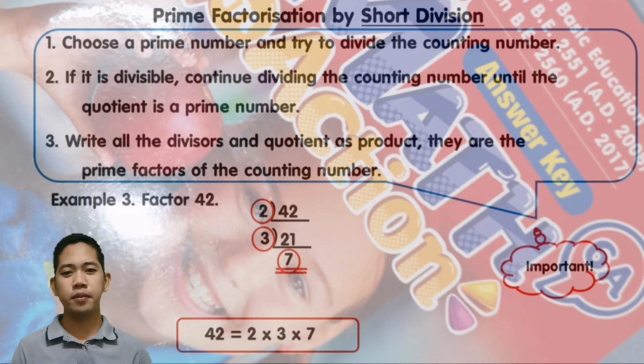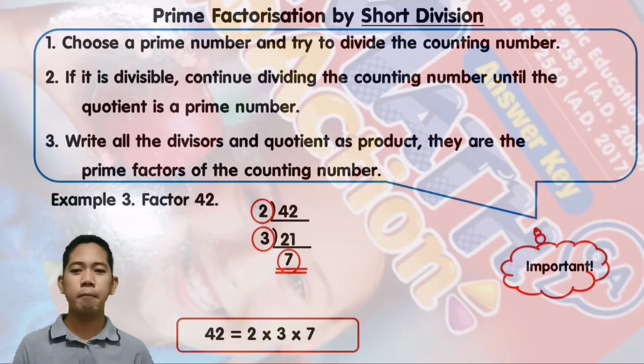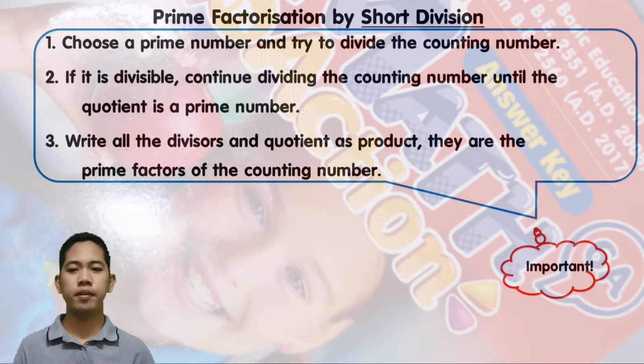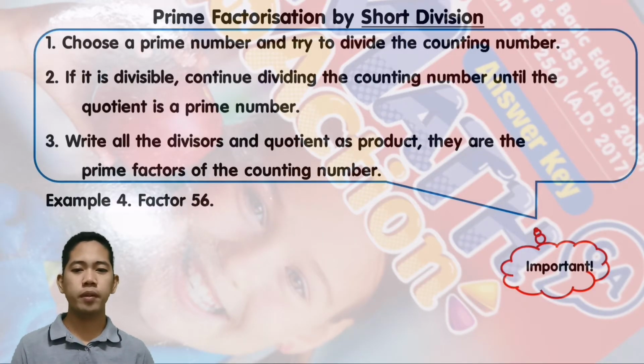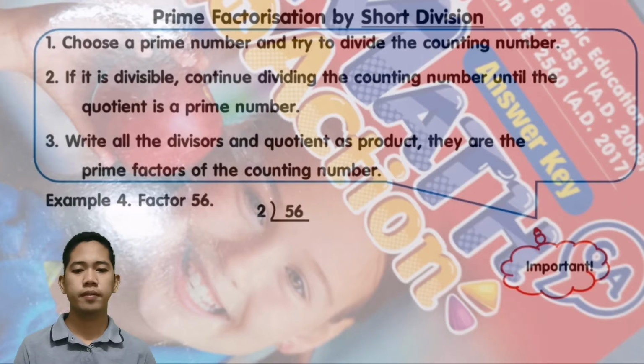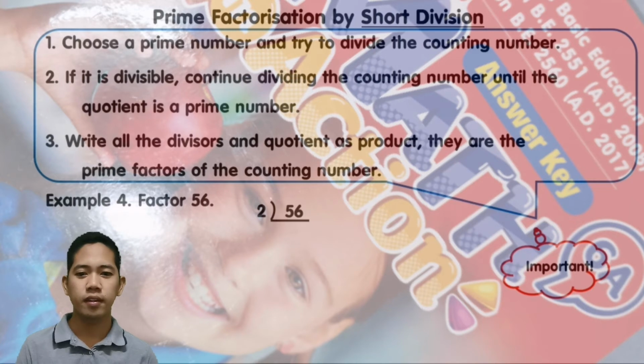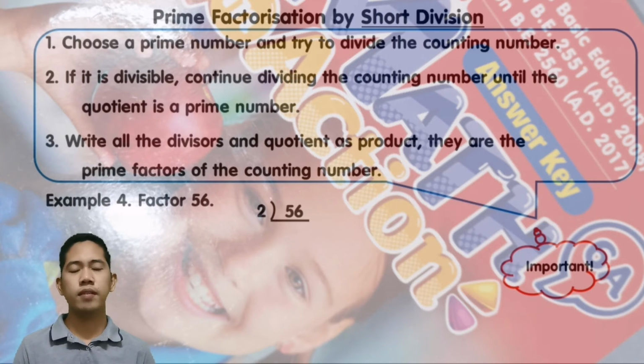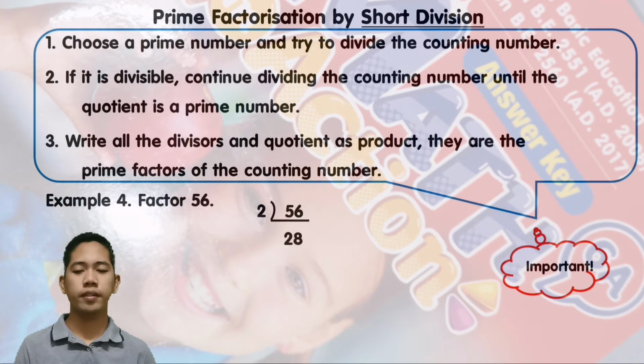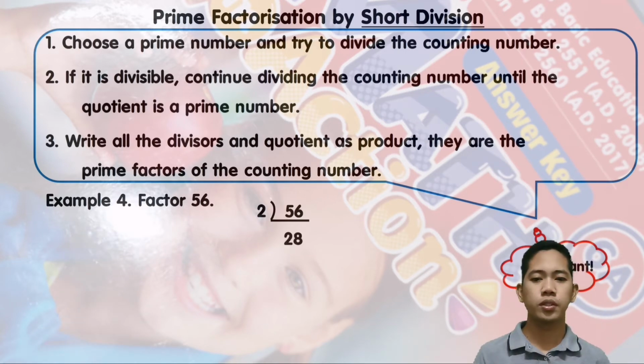I know you're excited to answer the activity, but let me give you another example. What prime number can divide 56? 56 is divisible by 2. Do you know the answer, students? Yes, 56 divided by 2 is 28. 28 is divisible by 2. And 28 divided by 2 is 14.